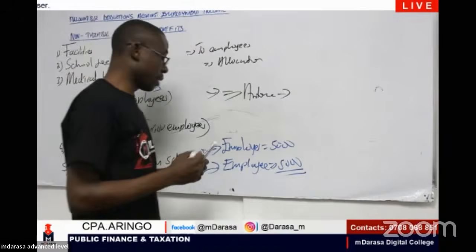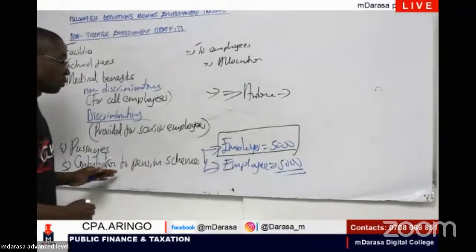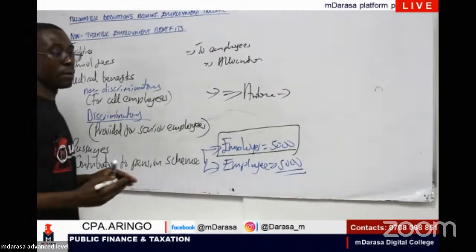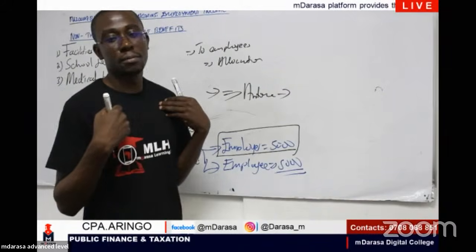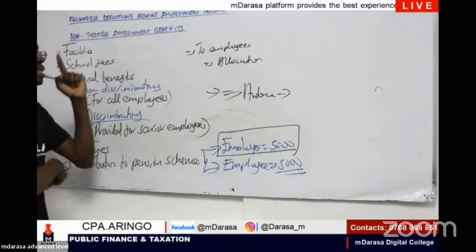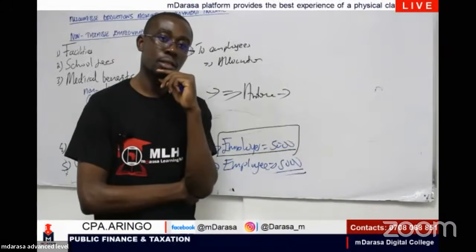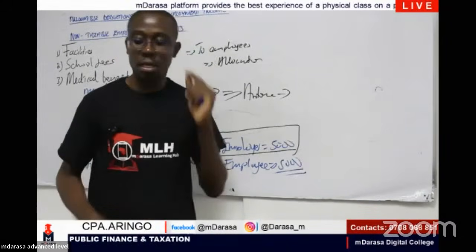This amount that the employer is contributing on my behalf to this pension scheme, as much as it is a benefit, this time round we are saying it is an untaxable benefit.